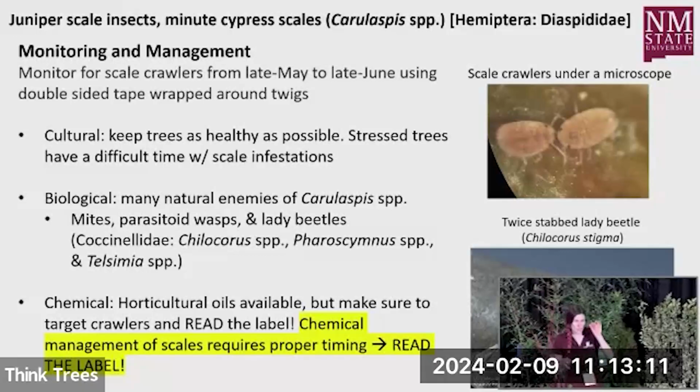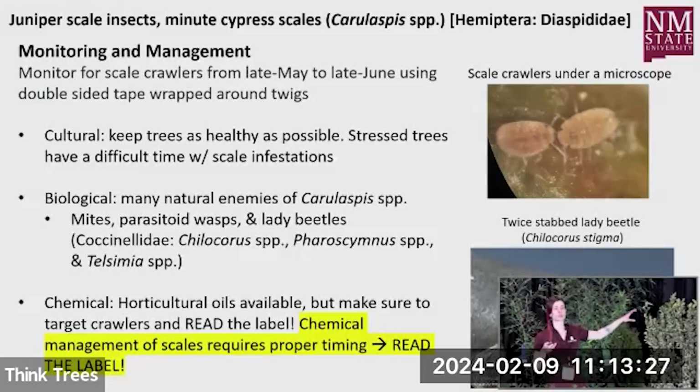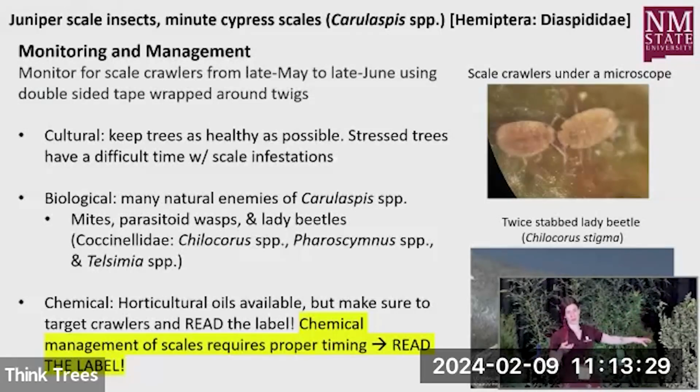If you look at your plants, you see these tiny little specks of yellow kind of crawling around. Sometimes they seem like they're mites, but if you have scales present, then you probably have these crawlers. So all of the insecticides available require you to target those. The adults are protected. It's not going to kill the adults. It's going after those crawlers.